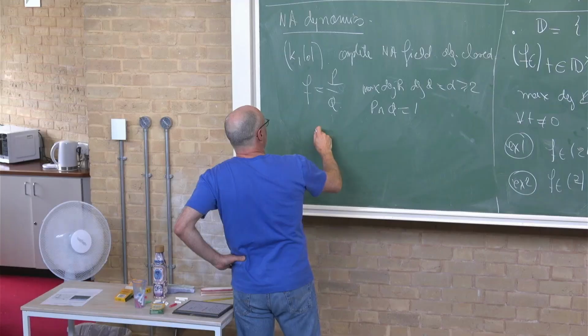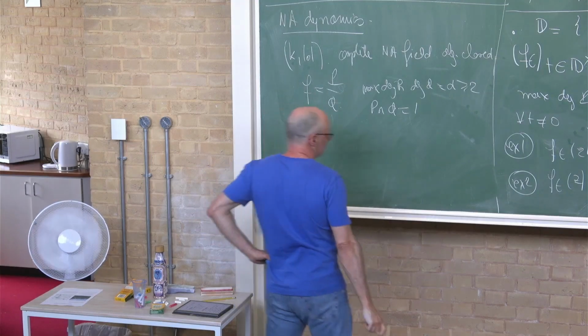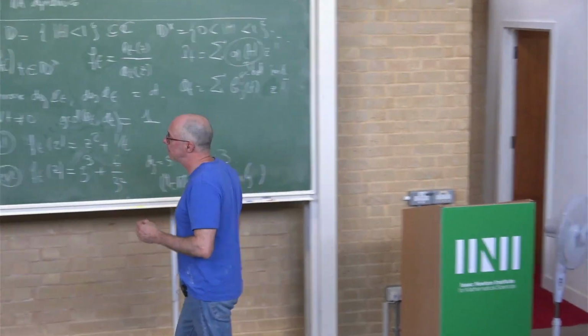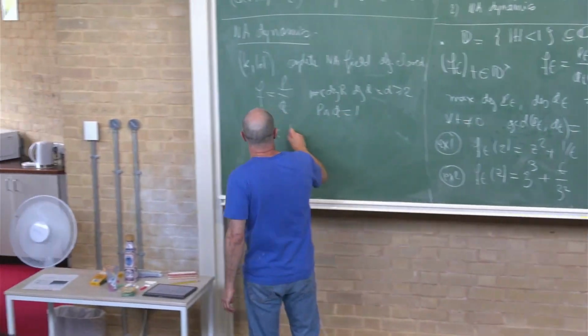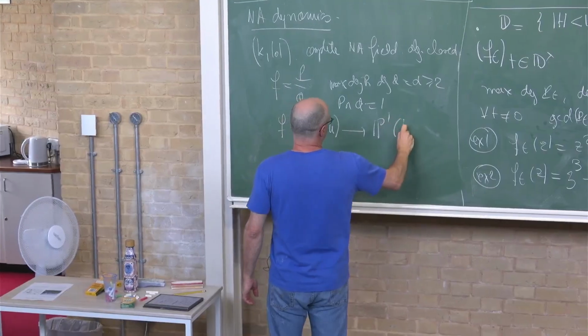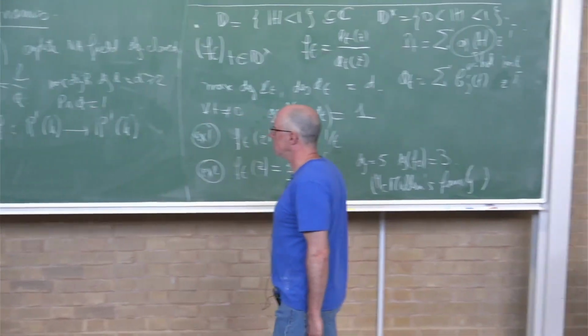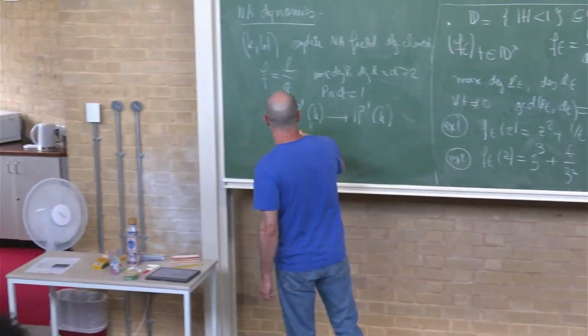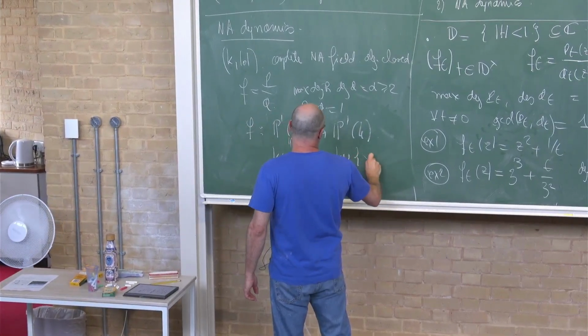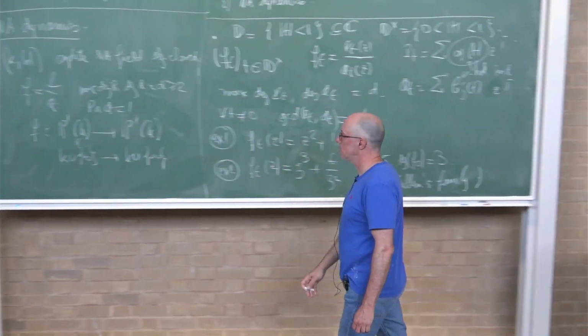We want to look at the dynamics induced by this map. On which space? Well, the first try is to look at the set of K points in P1. This is just K union infinity. And you have a natural map from this set to itself.